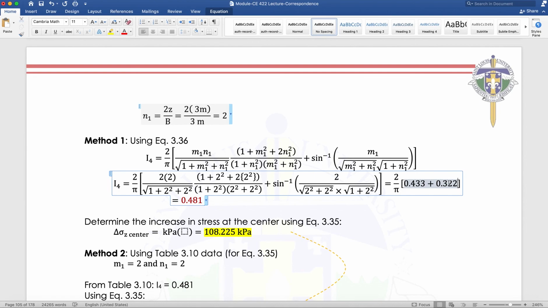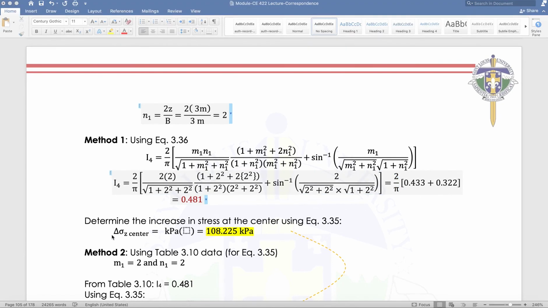So get the summation of these two values and multiply it by 2 over pi. And that is equivalent to 0.481. Delta sigma Z at the center is equivalent to 225 kilopascals times 0.481. Okay? And that is equivalent to 108.225 kilopascals.